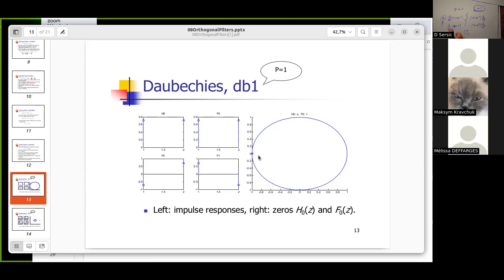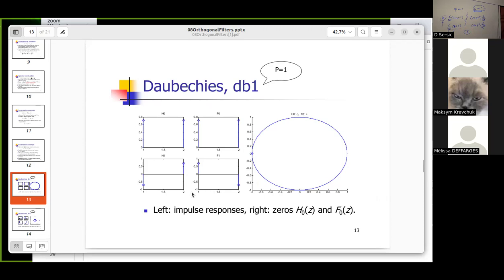So our product filter had two roots at -1 on the unit circle. Daubechies chose to take 1, 0 to the analysis side and 1, 0 to the synthesis side.